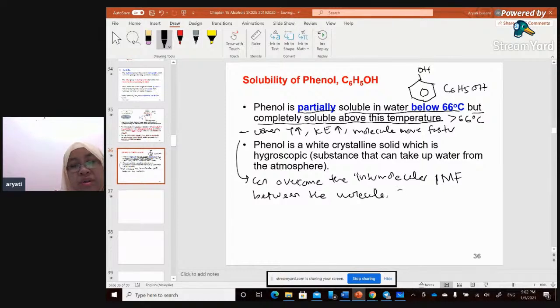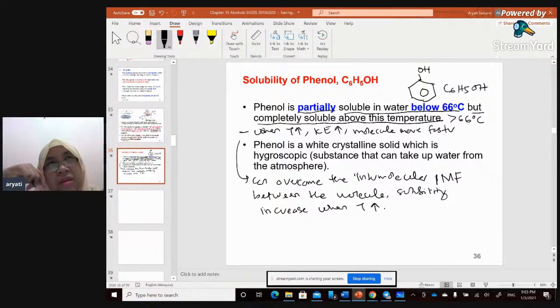Okay, so solubility increase when temperature increase. So actually ini kita refer balik ataupun do revision for semester 1 chapter 4 chemical bonding.